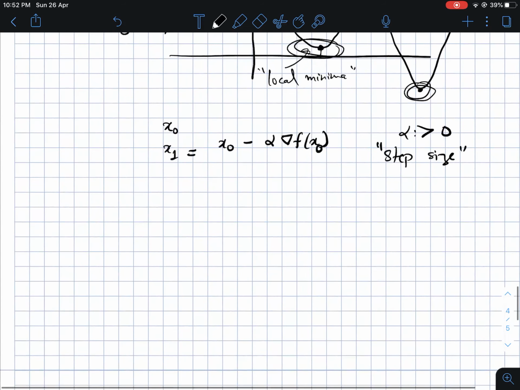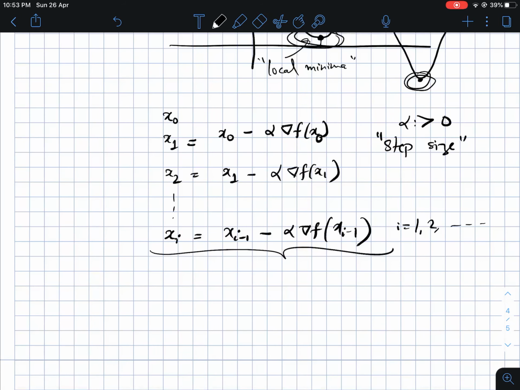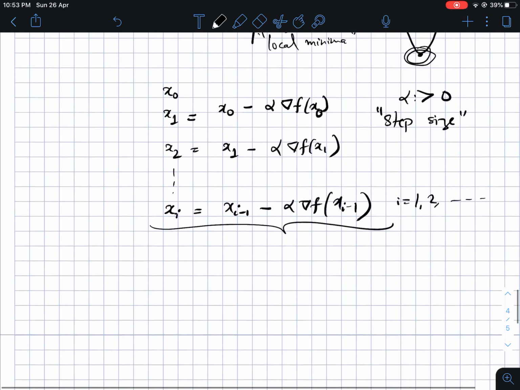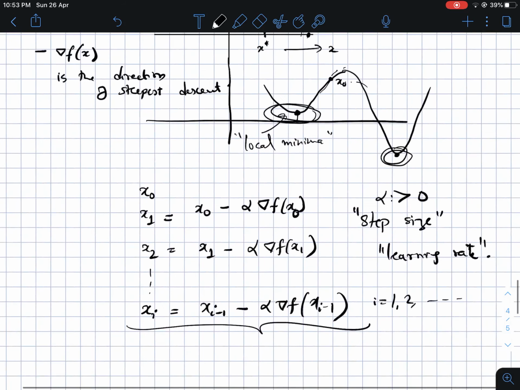Okay, fine. x2 is going to be x1 minus alpha grad f of x1, and so on and so forth. We'll keep doing that, right? So xi is equal to xi minus 1 minus alpha grad f of xi minus 1, for i equal to 1, 2 up to infinity. This is the iteration for gradient descent. Okay, so alpha is the step size. It's also called the learning rate for reasons I will not go into. So alpha is called the learning rate or the step size.